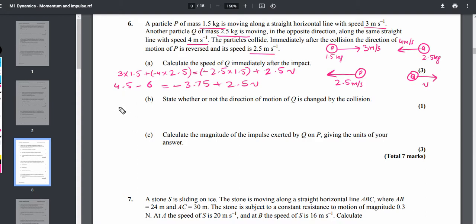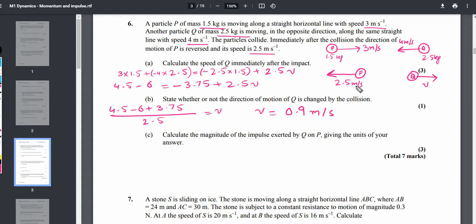So now I'll shift all the numbers to the left, so it will be like (4.5 minus 6 plus 3.75) whole divided by 2.5 is equal to v. So I'll get v equals to 0.9 positive meters per second.